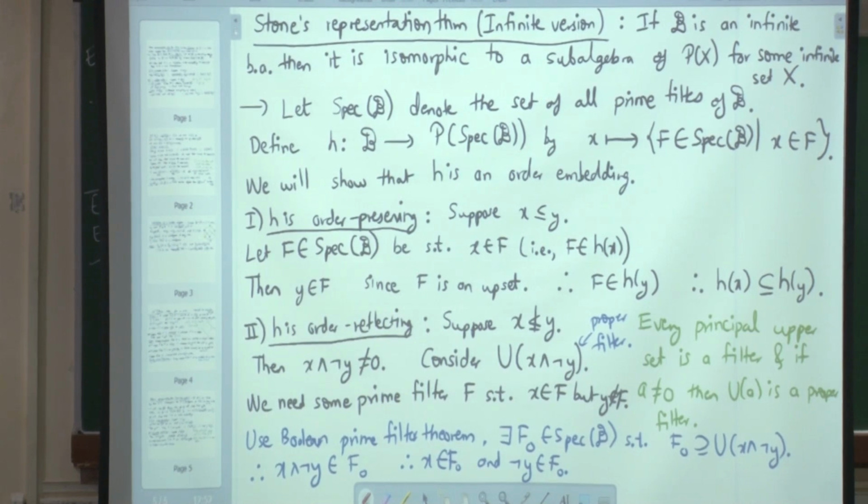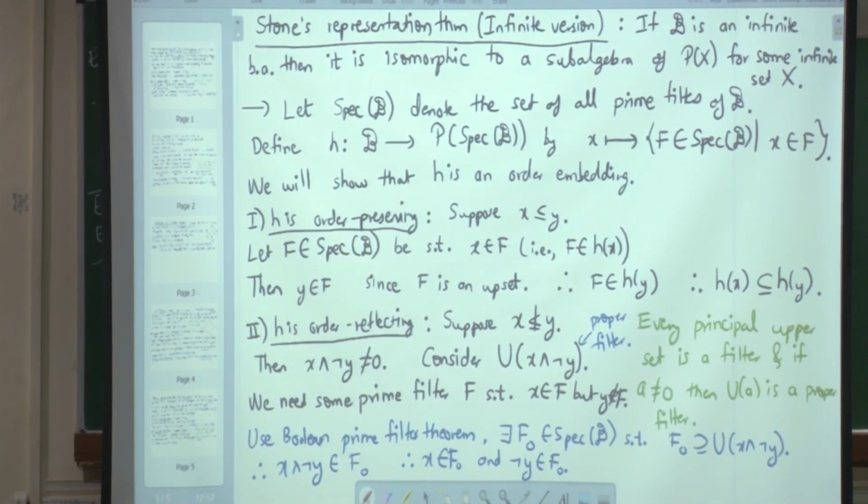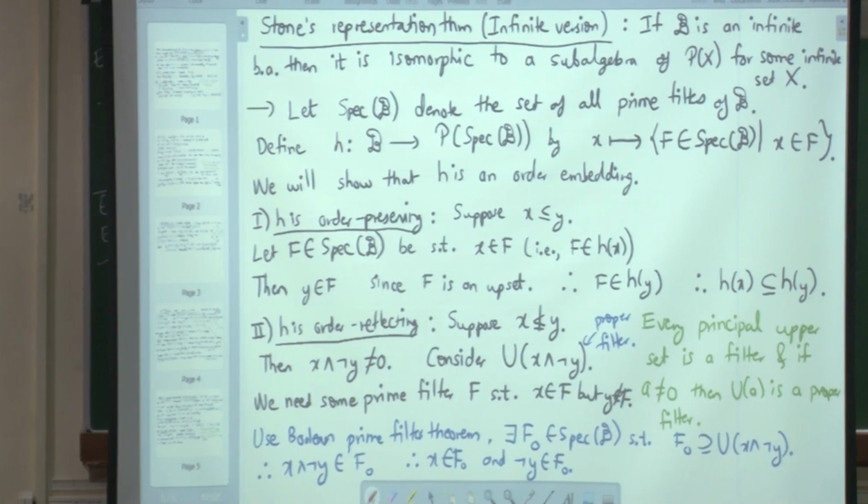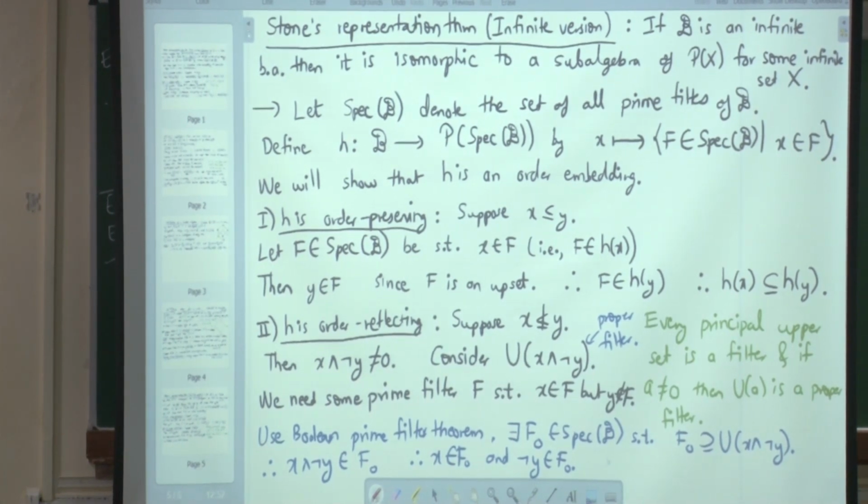Now, similar to the claim earlier, I will claim that Y doesn't belong to F0. If Y belongs to F0, then Y meet negation Y belongs to F0, which is 0, which is a contradiction because it's a prime filter, so proper.